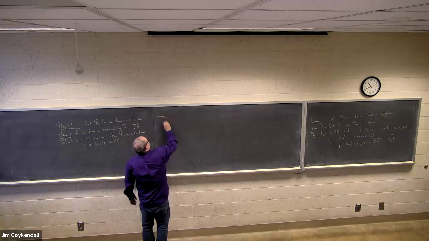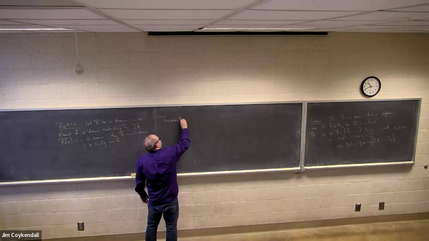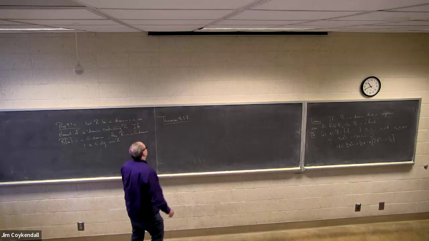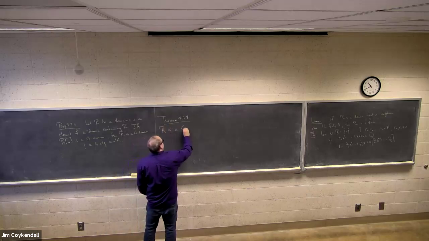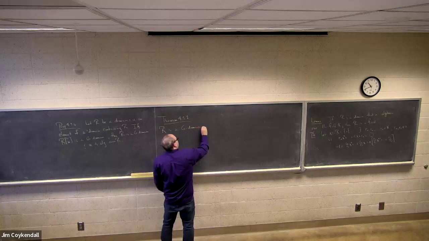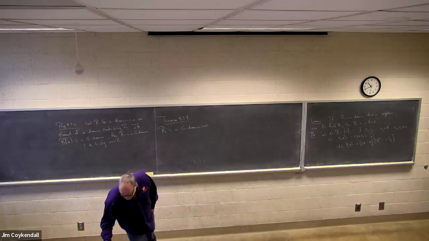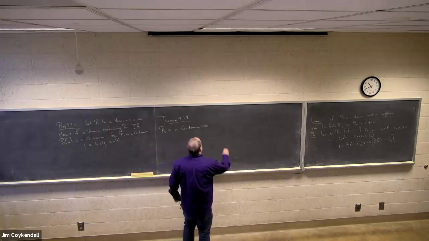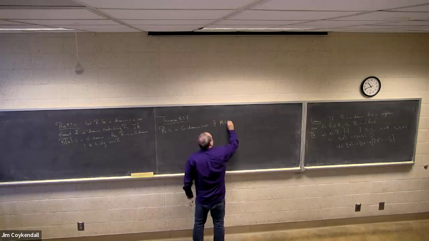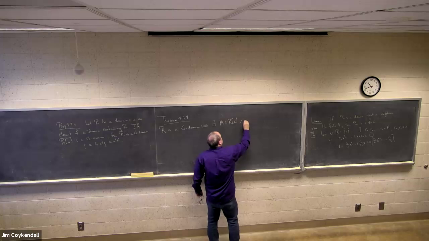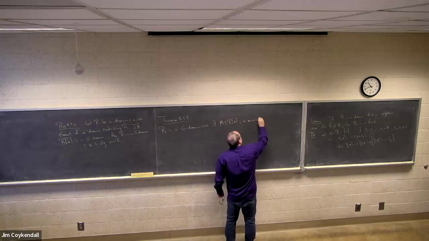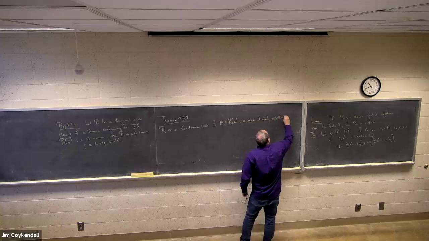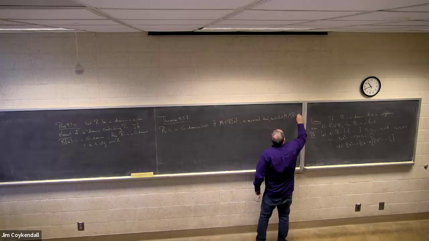Theorem 4.37. The domain R is a G-domain if and only if there's a maximal ideal M of its polynomial ring R[x] such that M intersect R is zero.